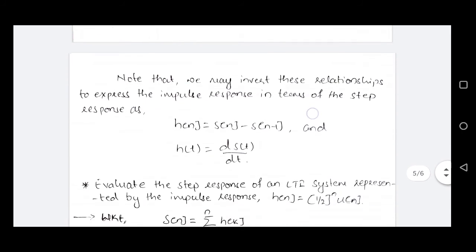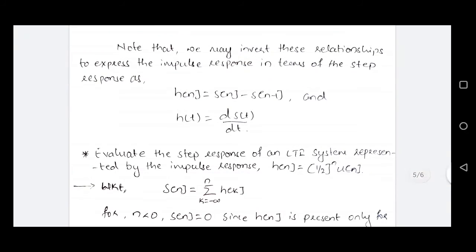Now if we invert these relations, we will be able to obtain the impulse response from the step response. In the case of a discrete time linear time invariant system, the impulse response is the first difference of the step response, given by h of n equals s of n minus s of n minus 1.